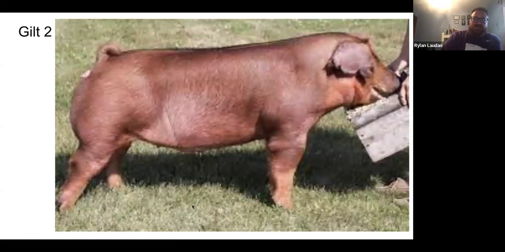So earlier someone mentioned, market gilt, breeding gilt. I think this is one that you can talk, goes a little bit either way. Yeah, and one I think's real flashy, real cool up through her head and neck, real tall at the point of her shoulder.